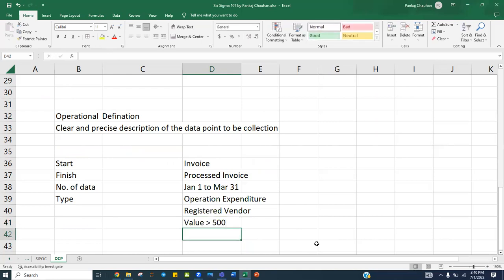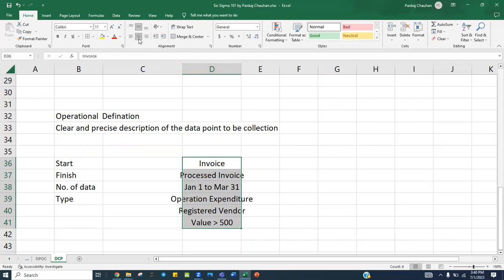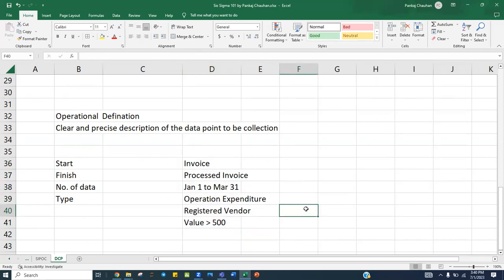This is the way we write, because today maybe you are available for the data collection, but if tomorrow you are not there in the business or the office, how will the next person collect the data?